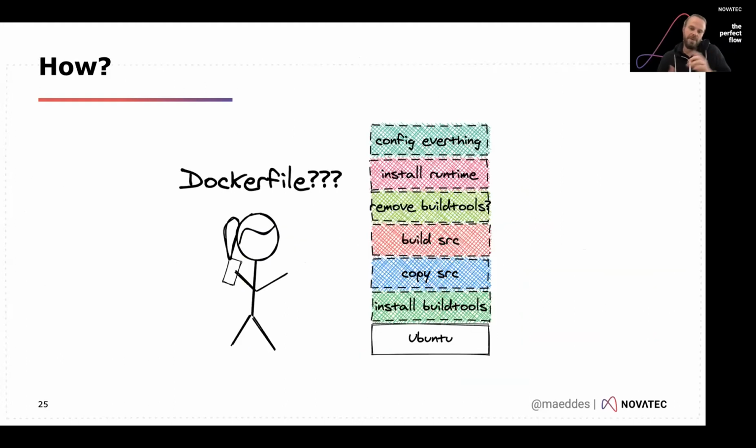Now, how should that work? Again, we read from the bottom, taking a base image, installing the build tools, copying the source, building the source, potentially removing the build tools again, installing a runtime, and configuring everything. So that might lead to a kind of unstructured Dockerfile.